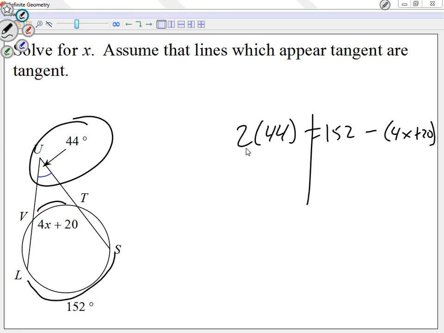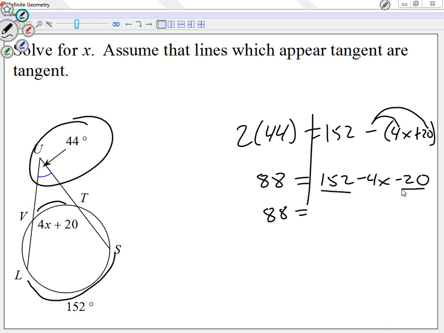All right, so to work this out, 2 times 44, I get 88, is equal to 152, but I have to distribute this negative sign, so I'm going to call this minus 4x minus 20. So I have that 88 is equal to, on the right side, at least I can simplify 152 minus 20. Right, 152 minus 20, that's 132 minus 4x.